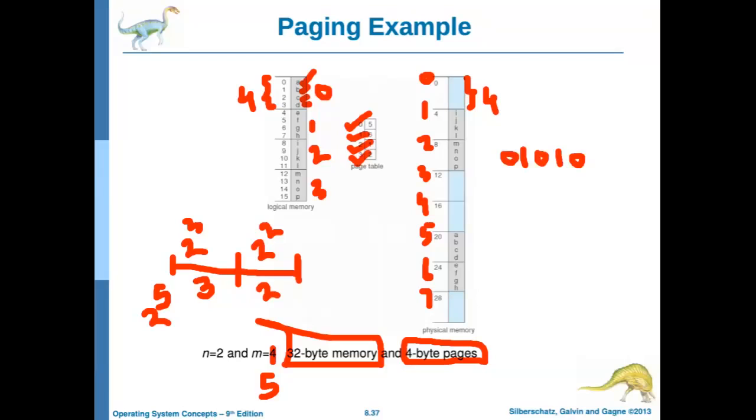If this is the logical address, I can say it is 5-bit. Can anybody tell me which alphabet this address refers to? Because we have stored alphabets in the memory. First of all in the logical memory, then we'll try to locate it at the physical address.